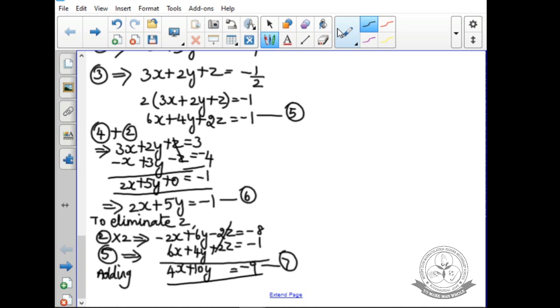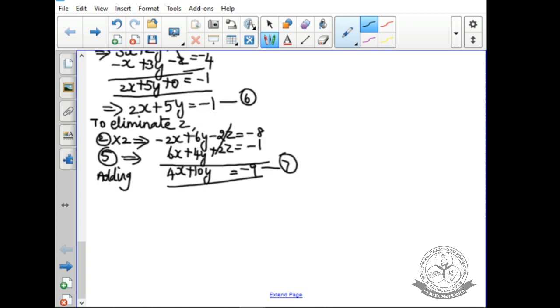So now we solve the 6th and 7th equations. We have to make the coefficient of x as 4.